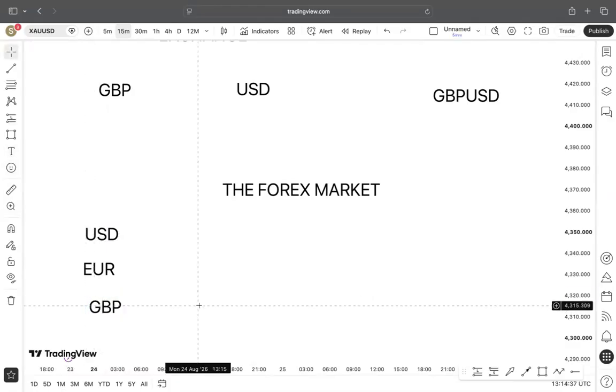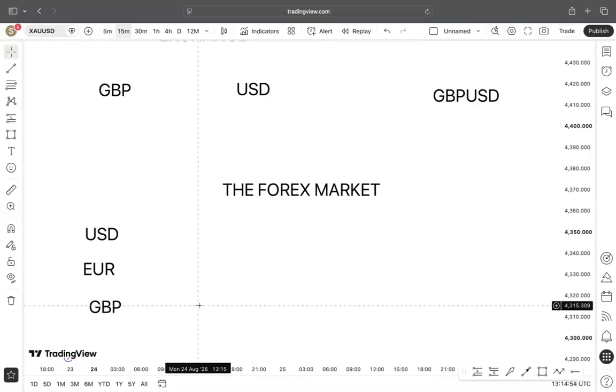It is the largest financial market in the world, with trillions of dollars traded every day. Any currency that you can think about in this world is being traded in the forex market.